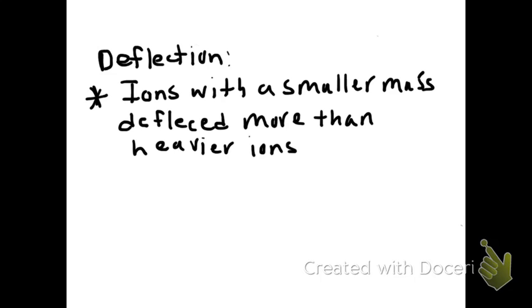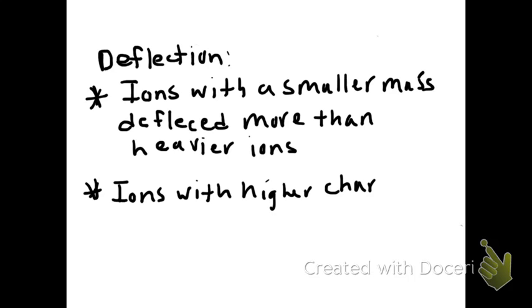Now, as far as charge goes, and this is also really important, ions with higher charge are deflected more. So the more charge they have, the more deflection is going to occur.